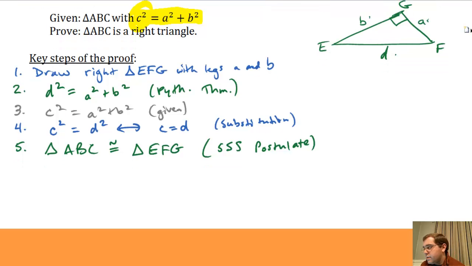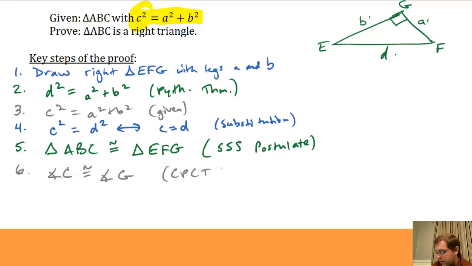Okay, well, if those are congruent triangles, then I know that angle C in the top triangle is congruent to angle G, because they correspond with each other.